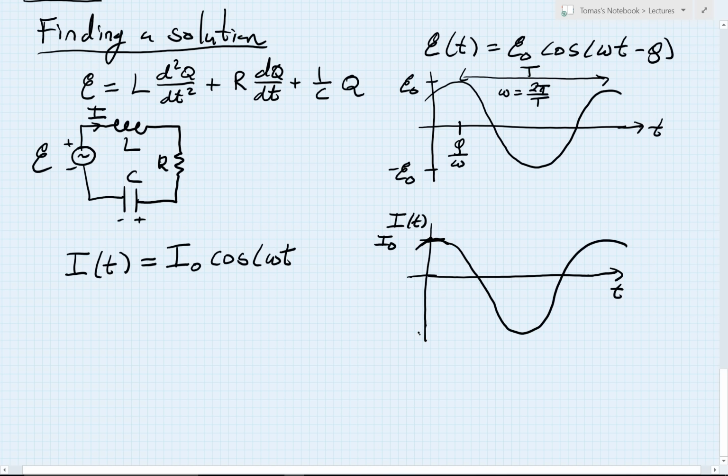When I make that choice for time t equals 0, I am saying then that my current as a function has no phase shift in it. It's just cosine omega t, hitting its maximum value right at time t equals 0. That's my definition of time t equals 0.